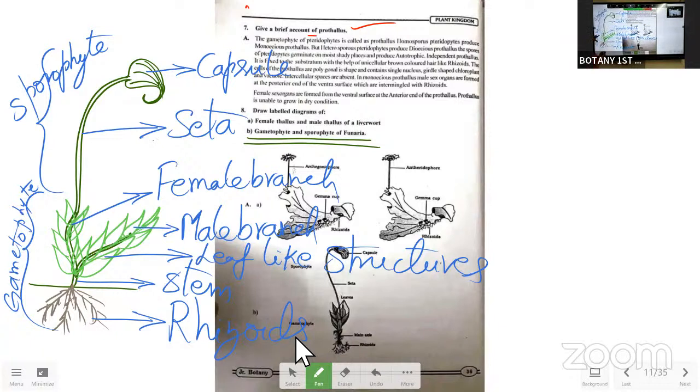And these are the root-like structures, rhizoids. Here, a small portion called stem, leaf-like structures, seta, capsule, sporophyte, gametophyte. Done. If we have written like this, all the diagram and the labeling is perfect and we can score full 4 out of 4 in this question.